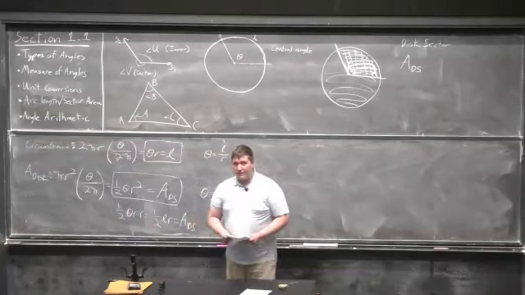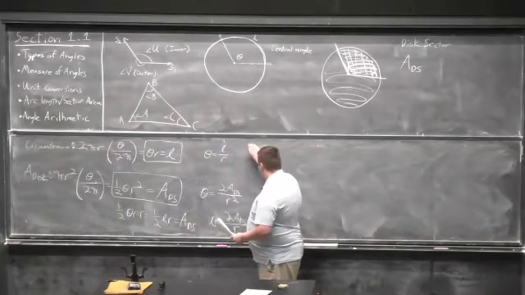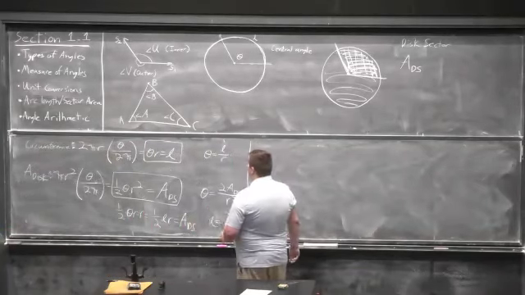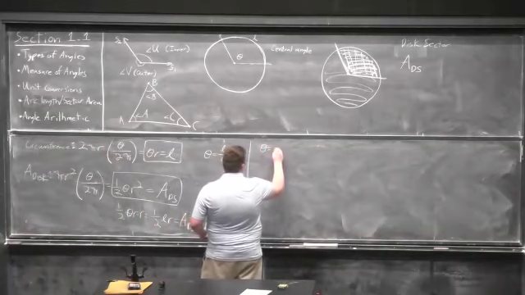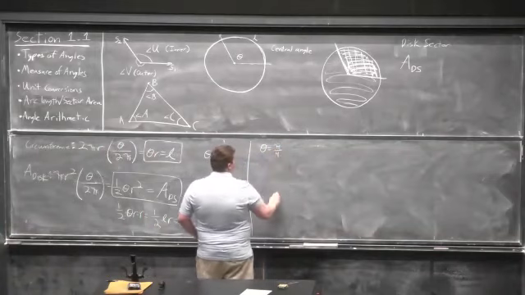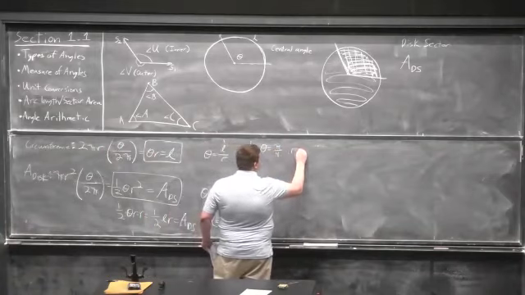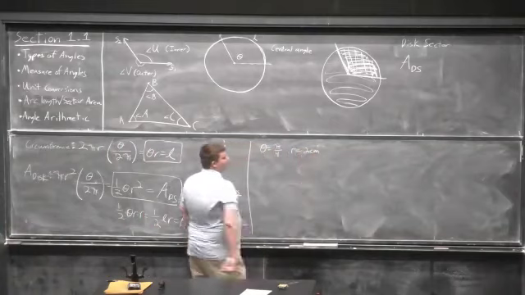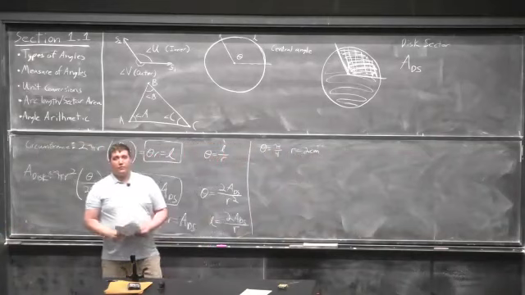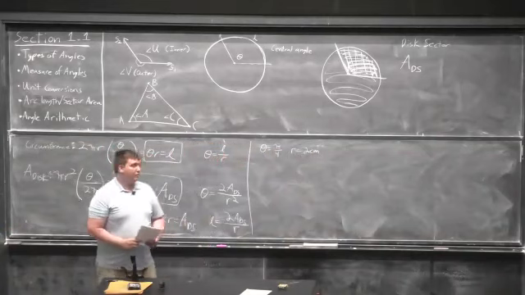So with this, let's have an example of real numbers. So say theta equaled pi over 4, and my radius equaled 2 centimeters. What is my arc length?